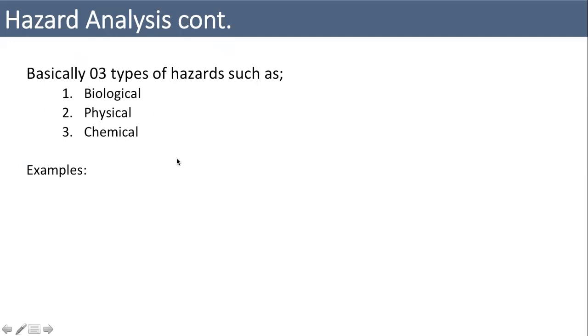Kaushalya Amarako, give me an example of a physical hazard. You are going to pack it in a glass bottle. Yasuri Hettiaraj, any? Okay, good.